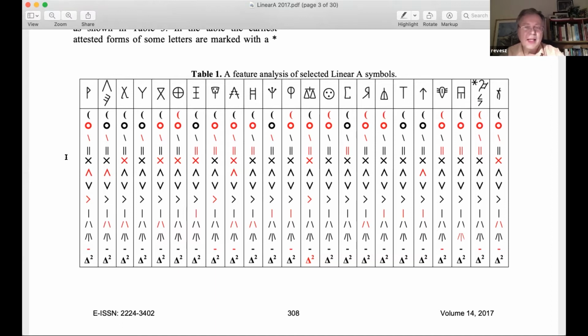And I believe people write a little bit this variant or that variant of this symbol. And yet these features tend to be preserved. A slight slant doesn't matter.